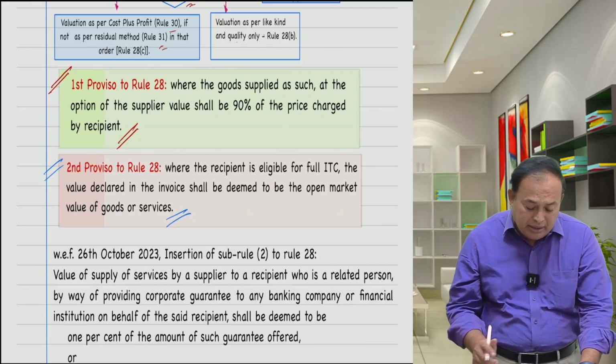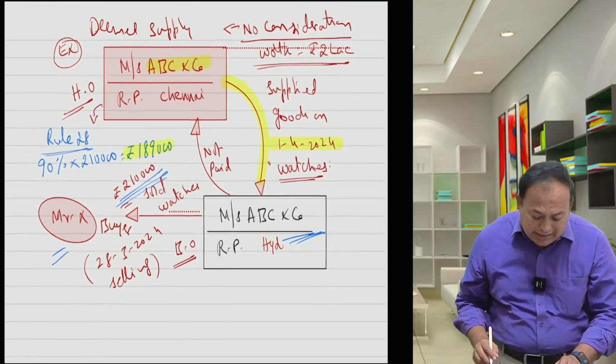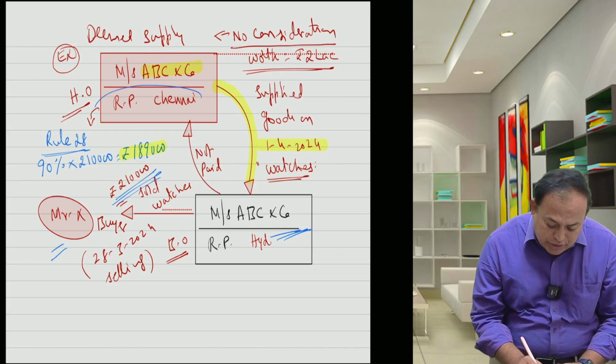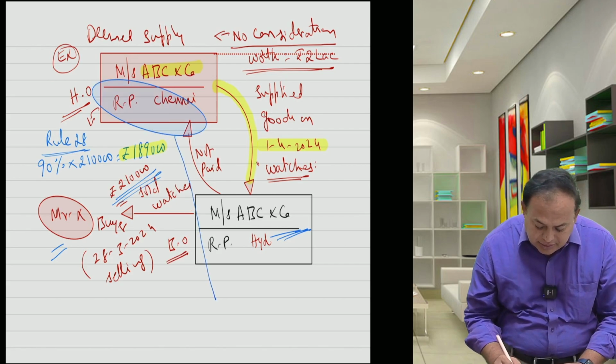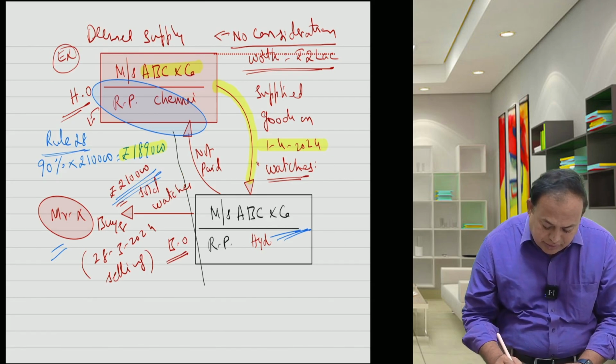Meaning thereby, in the given case, if they wanted to pass on the input tax credit, then this ABC Chennai should issue an invoice. In the given case, they should issue the invoice.